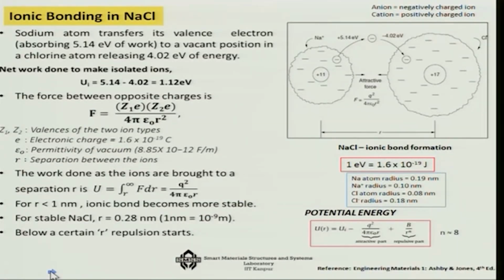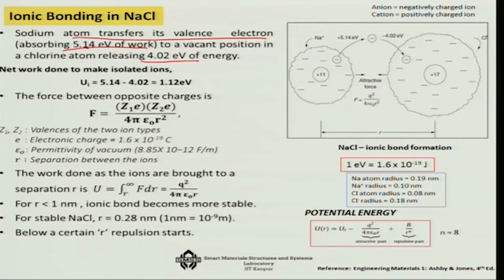Now, the sodium atom, as I have shown you in the periodic table earlier, can very easily give up one electron, and chlorine can accept that electron. So, the sodium atom transfers its valence electron, absorbing about 5.14 electron volt of work, to a vacant position in a chlorine atom, and that will release about 4.02 electron volt of energy.